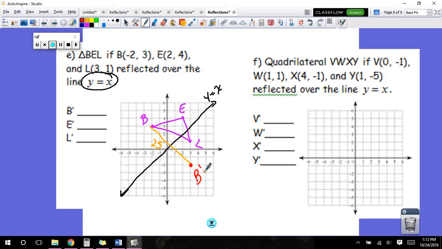And you can do that each time. Counting 1, 1. You just got to be careful counting diagonally. Okay, what happens with your numbers here, your coordinates?